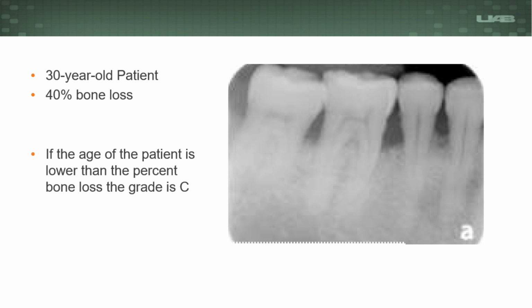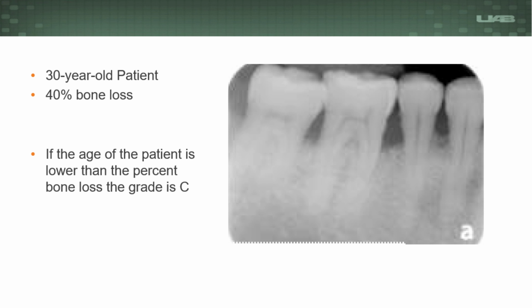I immediately can tell that this patient has bone loss that is greater than their age. And that makes them immediately a grade C. I don't have to calculate out anything more. I know that if that patient's 30 years old, the bone loss would be 31%, which my eyes are not that good in distinguishing in one percentiles only. So I tend to look at 30, 35, 40% bone loss versus 31 or 32%.